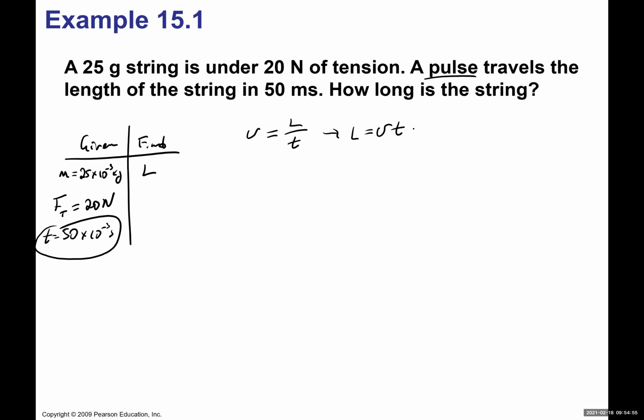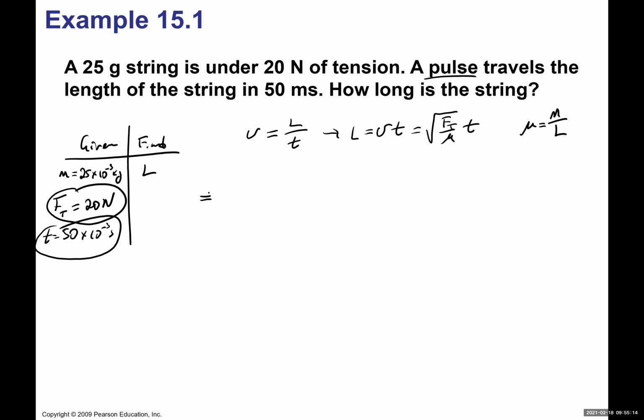But we know because it's a string wave, the speed is the square root of tension force divided by mu, times time. All right, so the tension force we're given directly, but mu we are not given. But mu is the mass of the string divided by the length of the string.